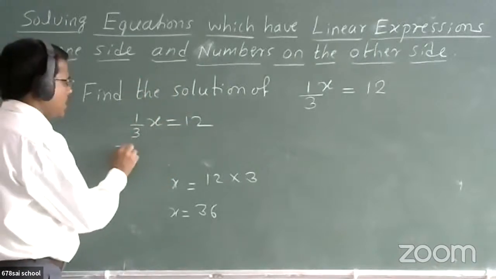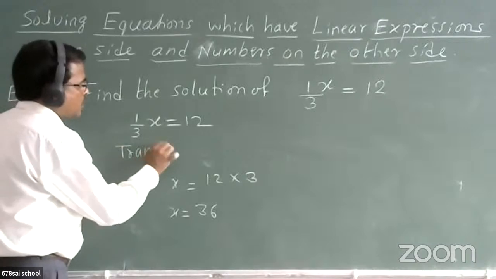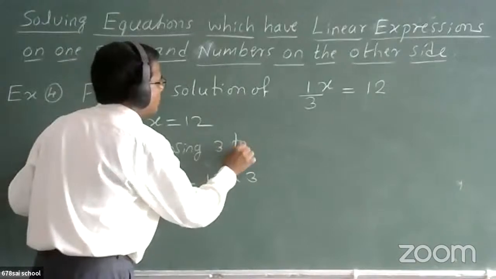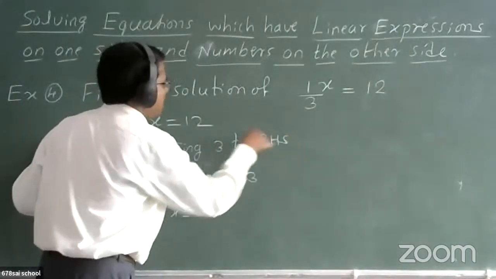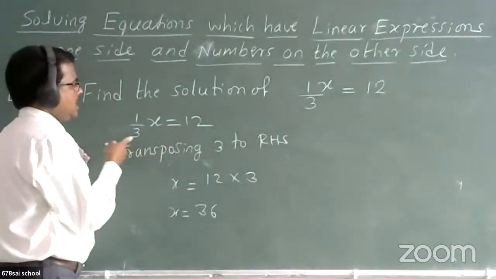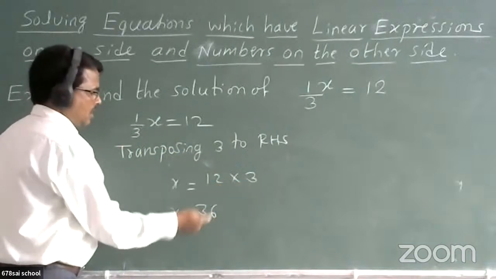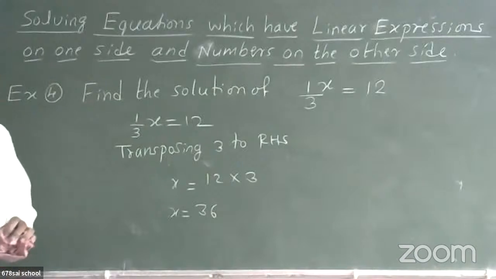So transposing 3 to RHS. When you transpose 3 to RHS, denominator becomes numerator. So 12 threes are 36. Understood? Write this also.